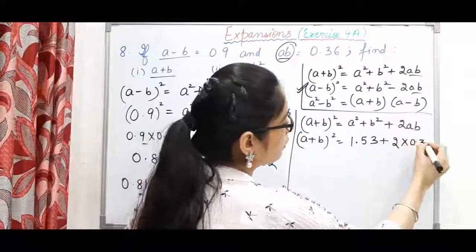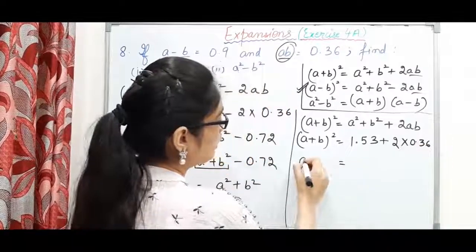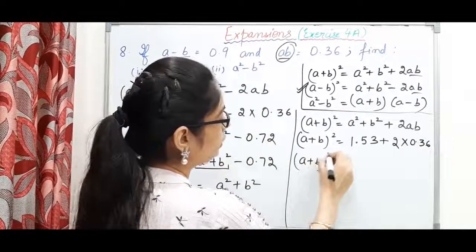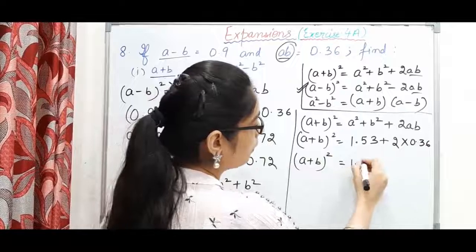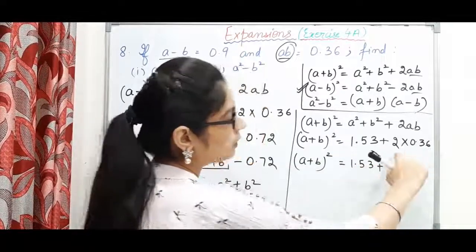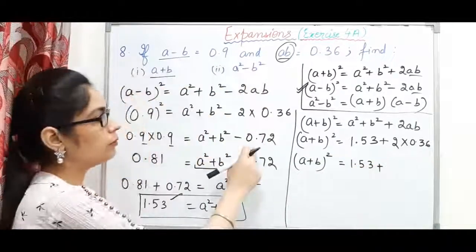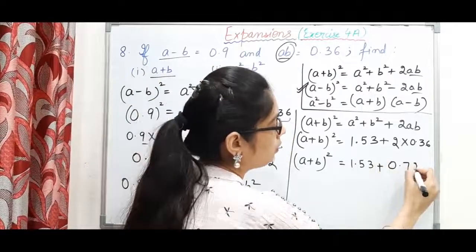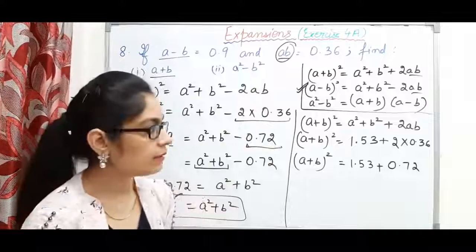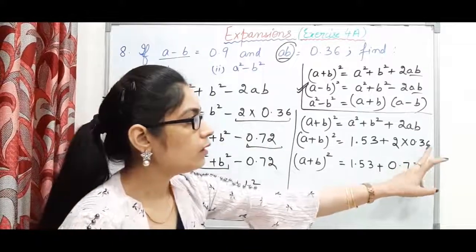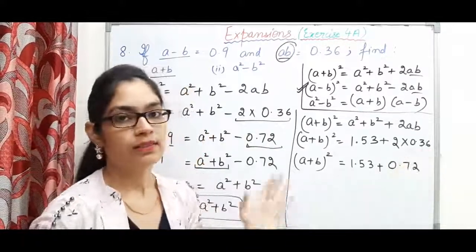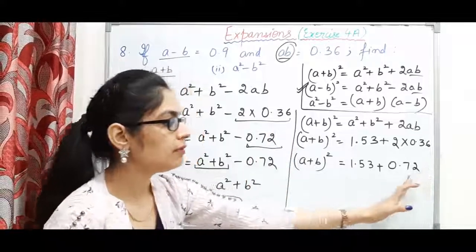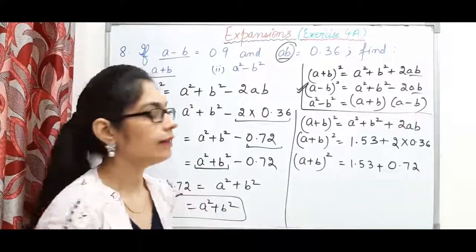So 0.36. A plus b whole square is equal to 1.53 plus 2 into 0.36. Here also we multiplied 2 into 0.36, it is 0.72, because 2 into 36 is 72 and 2 digits after decimal. So same way from the right side we count 1, 2 and here we can write the decimal.